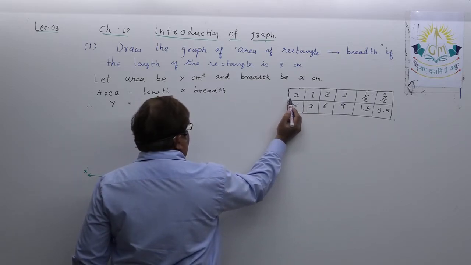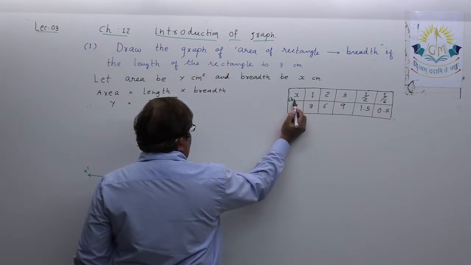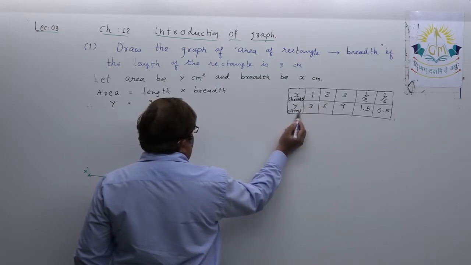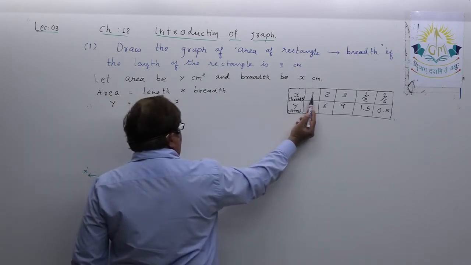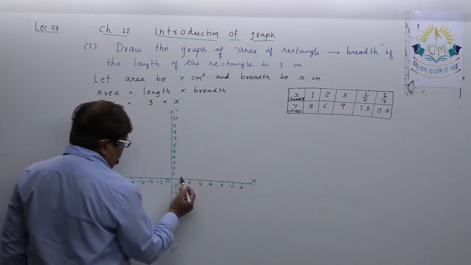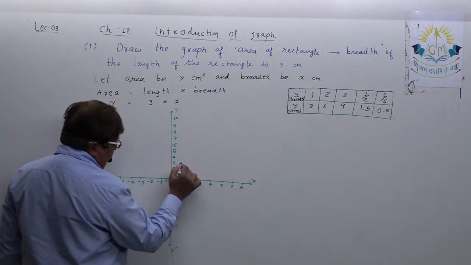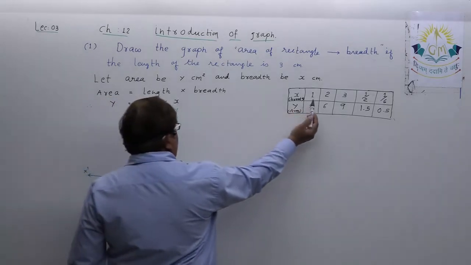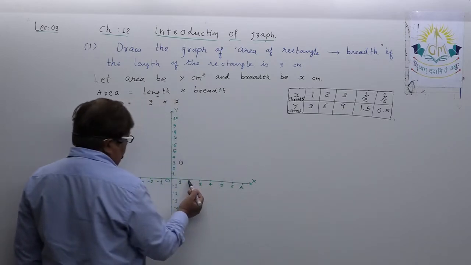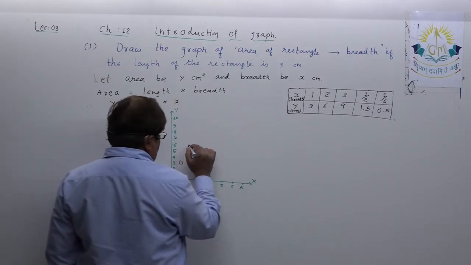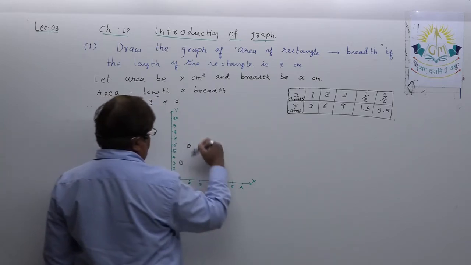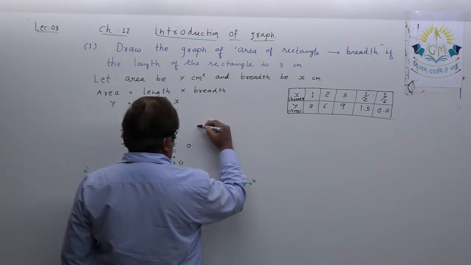Here, if you like to write in small, x means breadth, and y means area. So x1 y3, see 1 and 3, the first point I got. Second pair of the variable x2 y6, without dotted line also, if you can guess. 3 9, looking here.